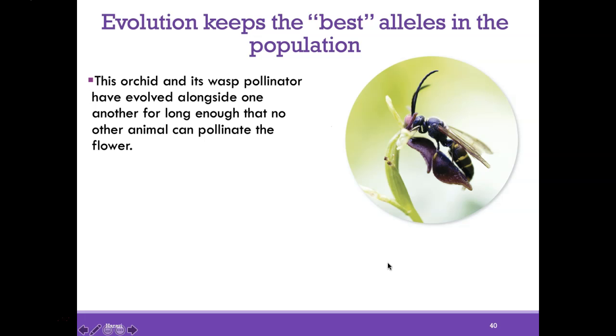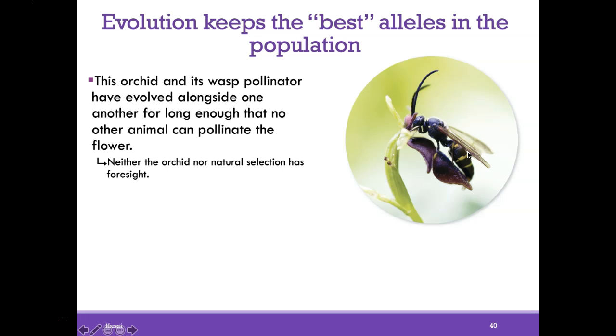So in this way, the orchid is getting a lot of reproductive success because you're having help. Right, the wasp is helping create more orchids by going from one orchid to the next. And these co-evolved, right? Neither the orchid chose to smell like a female wasp, right?